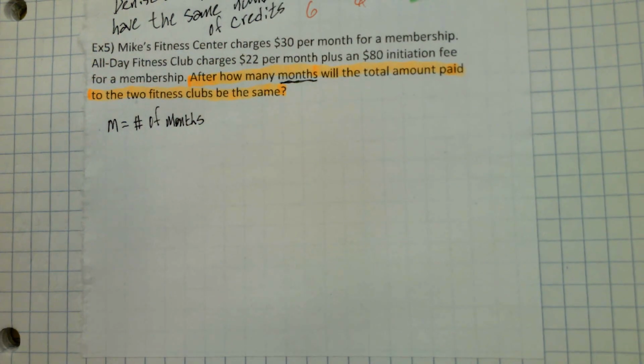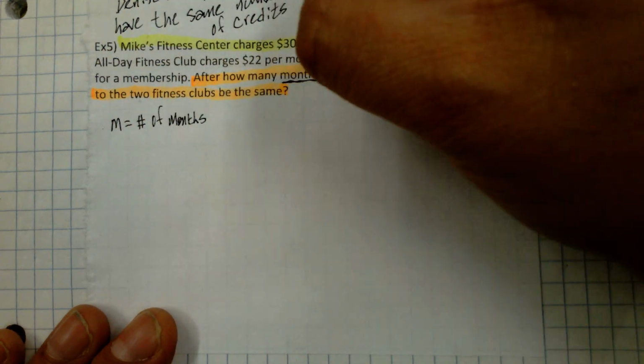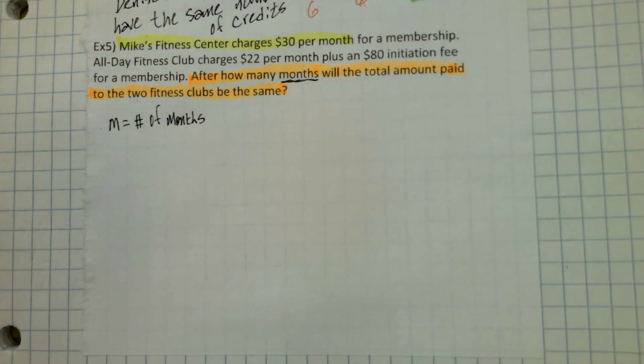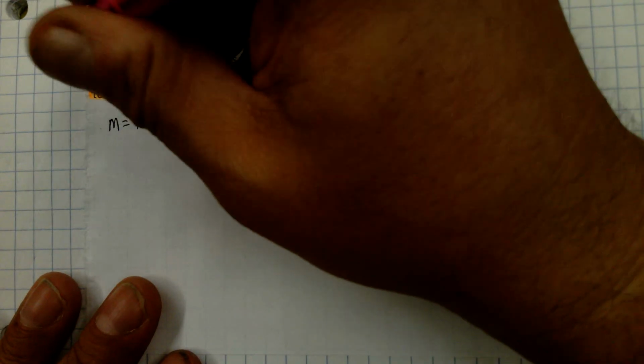So the number of months, and again, we're comparing Mike's to All Day Fitness. Mike's Fitness is $30 per month. All Day Fitness is charging $22 per month, but you also had to pay $80 to start with.